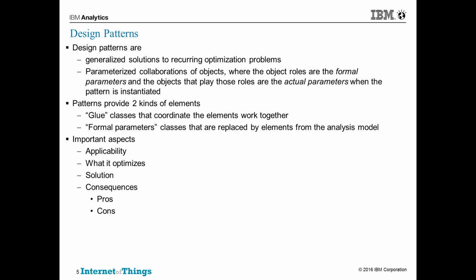Then there's the description of the solution itself. Normally both the structural and behavioral aspects of the solution are shown. And then I think even more important here are the consequences, the pros and cons, the things that it optimizes and the things that it de-optimizes, so you can understand which patterns might be better for your particular context.